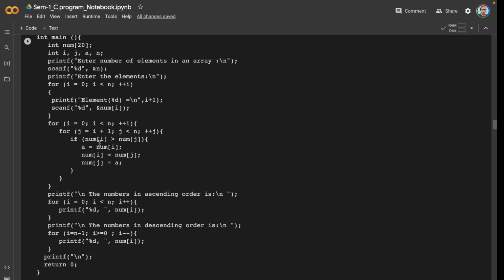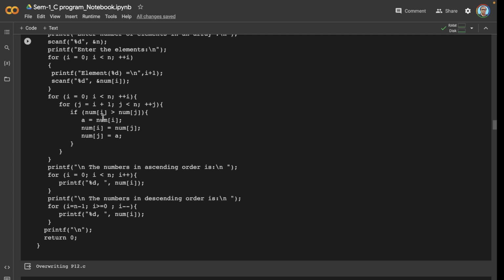So if number 0 is greater and number 1 is lower, then a stores the greater value, number 0 equals number 1, and number 1 equals a.